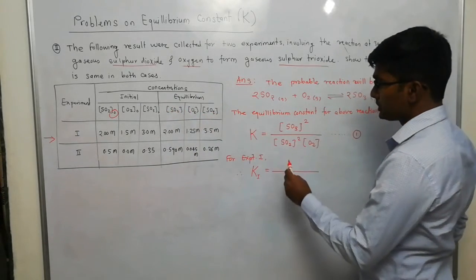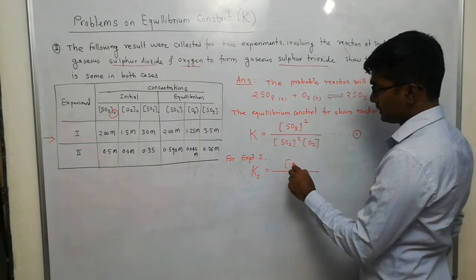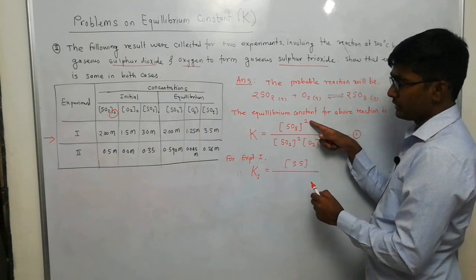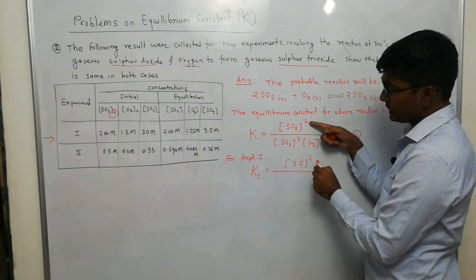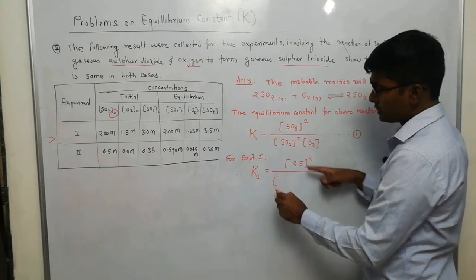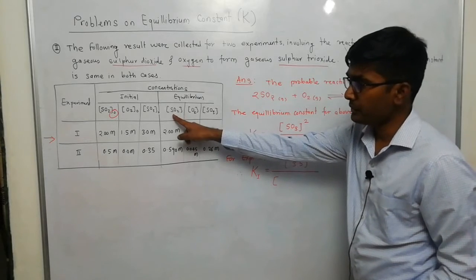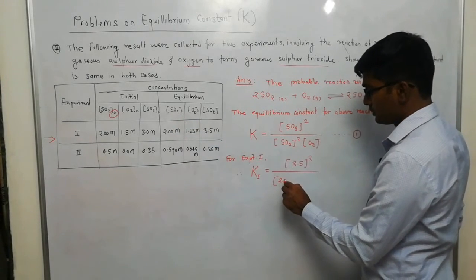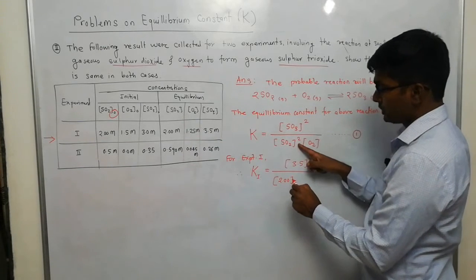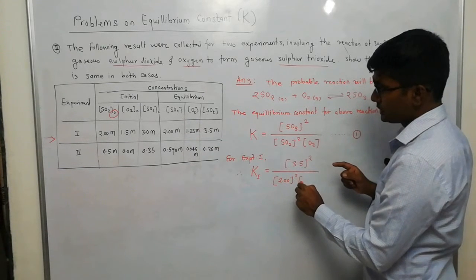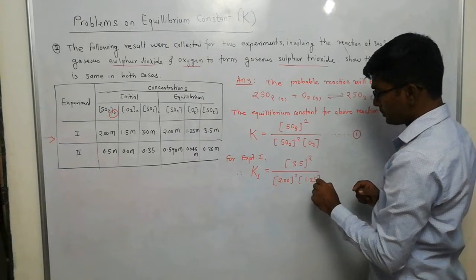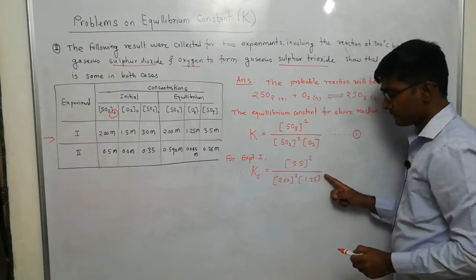So at equilibrium, the concentration of SO3 is 3.5, and here the stoichiometric coefficient is 2. The concentration of SO2 at equilibrium is 2.00, stoichiometric coefficient 2, and for oxygen it is 1.25, stoichiometric coefficient 1, so there is no need to write it.